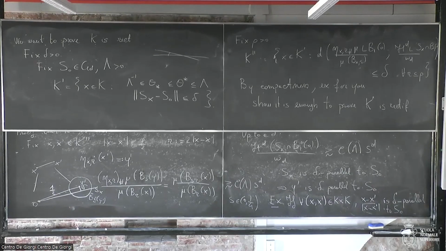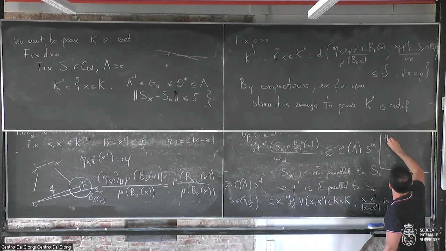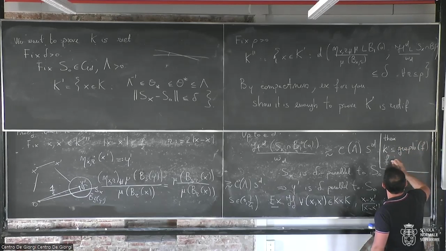Can I continue here? Because it's the last sentence, so otherwise you wait half an hour just to see the three words. Is delta parallel to S0, then K is contained in the graph of a Lipschitz function, F Lipschitz.